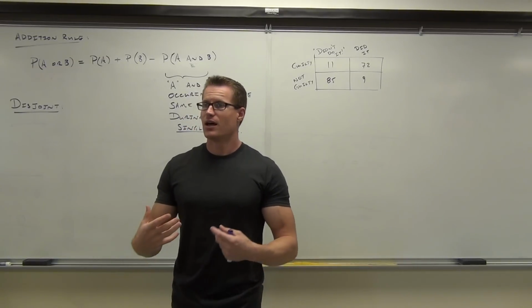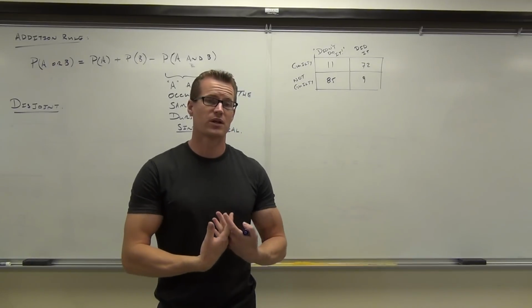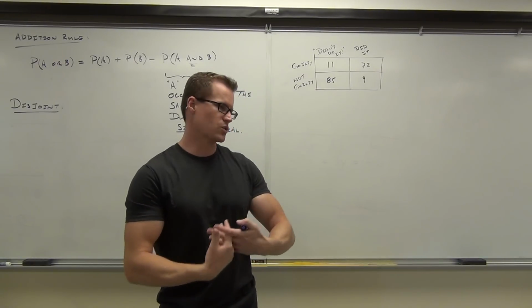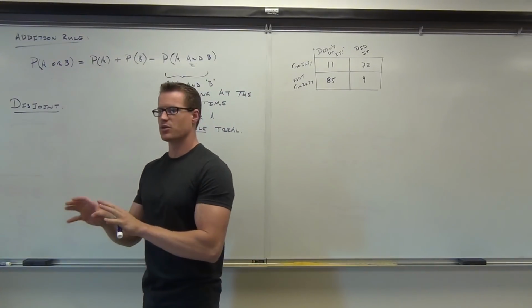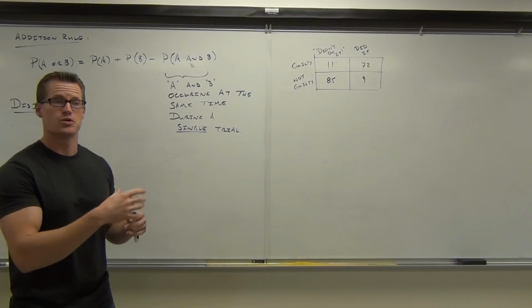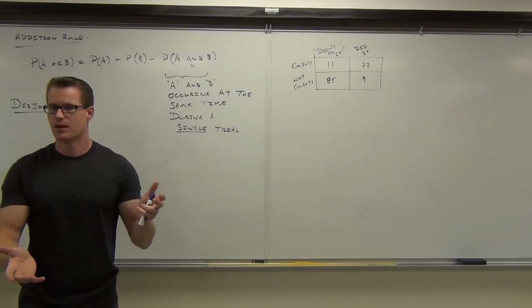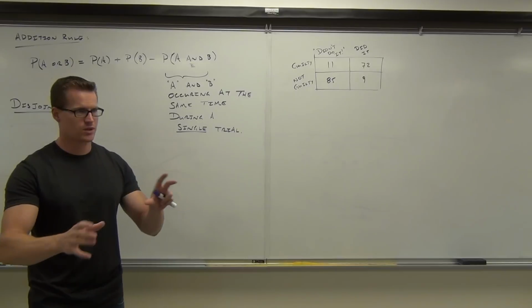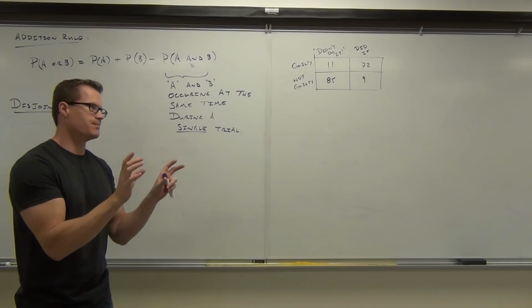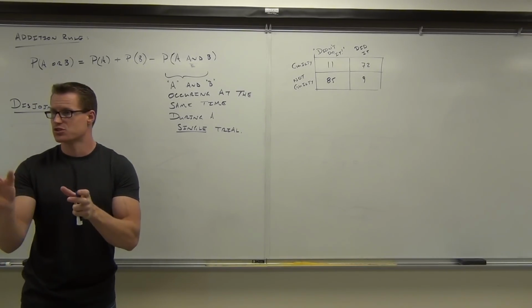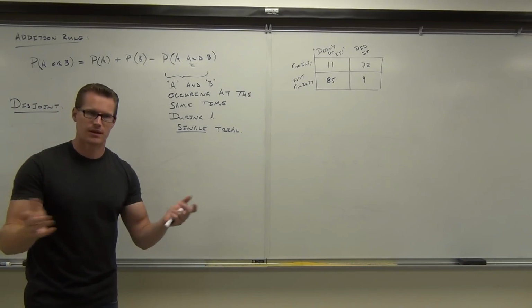What it means is that the events are mutually exclusive. It's really just another way to say mutually exclusive events. So when you're talking about disjoint events, you're talking about events which are mutually exclusive, or in other words, they cannot happen at the same time. That's what disjoint or mutually exclusive mean. They're kind of synonymous for the same thing. Disjoint means mutually exclusive. That's what we mean here.